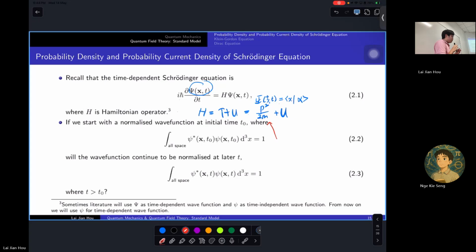Being normalized means that the integral of the complex conjugate of the wave function times the wave function over the whole space is equal to 1, so the total probability over all space is equal to 1. So the question is: does this still hold for later t?